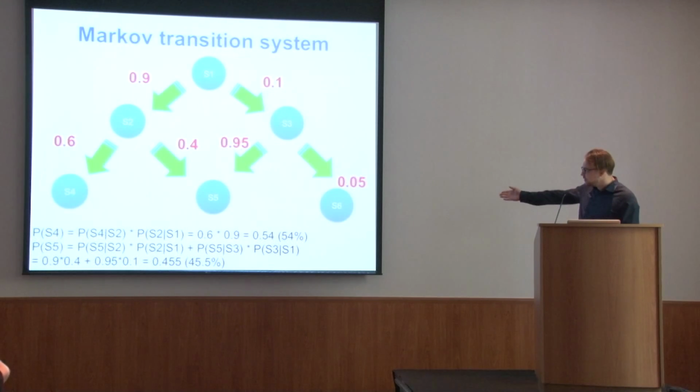The probability of reaching S4 from S1 is the probability of S4 being reached from S2, knowing S2, multiplied by the probability of reaching S2 coming from S1. In that case, there is just one path to reach S4, so that's the only probability you have to compute: 0.6 times 0.9, which gives you about 55% chance of reaching this particular state.